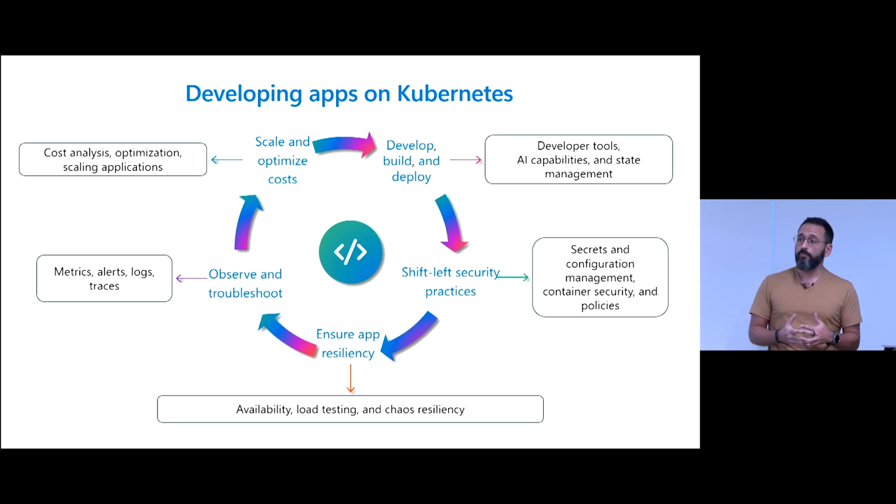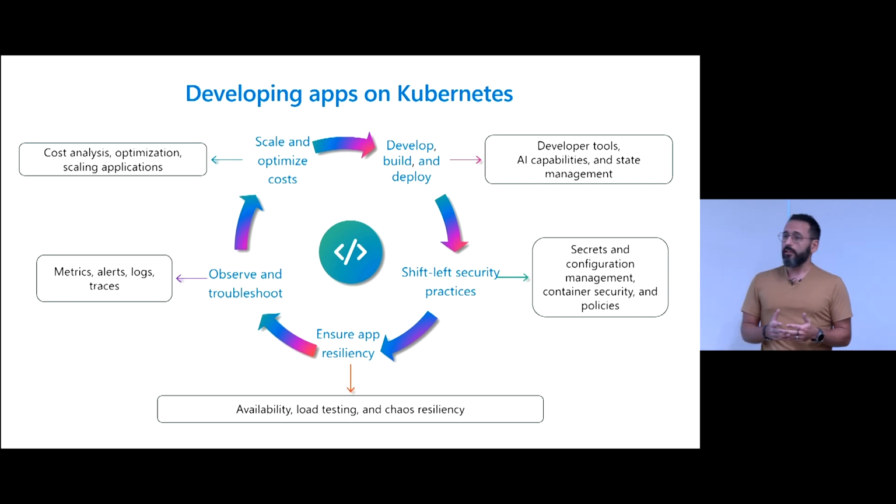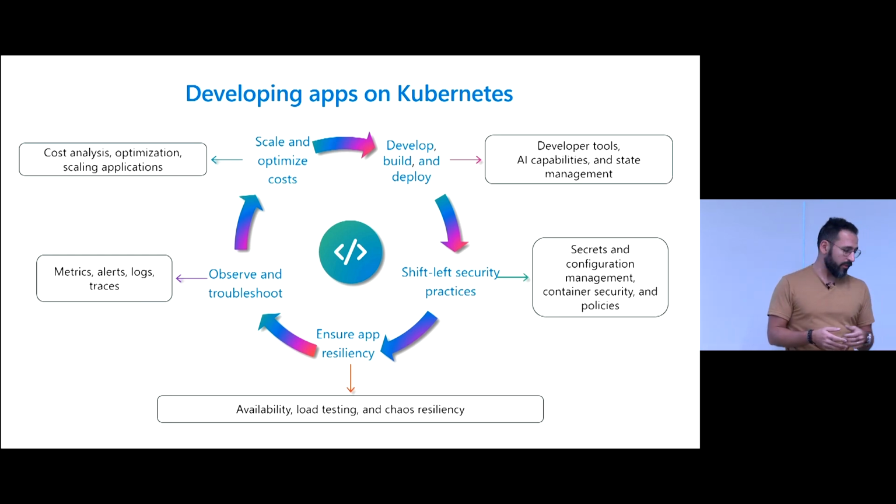And also how to apply cost optimizations. So there's a lot of things here, and in today's session we'll touch upon how AKS is helping you follow through these different application lifecycle touch points through the different capabilities.